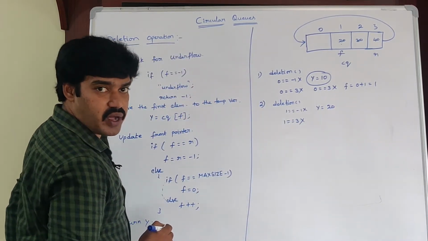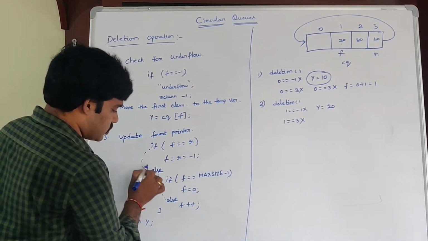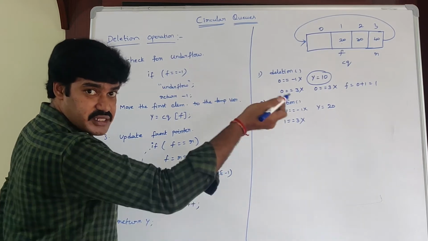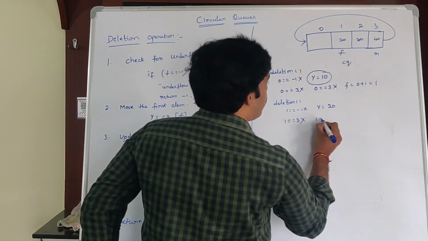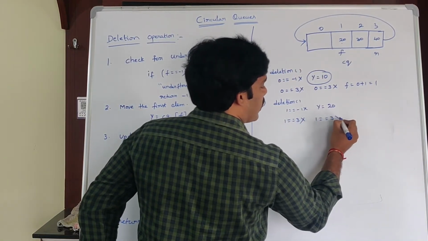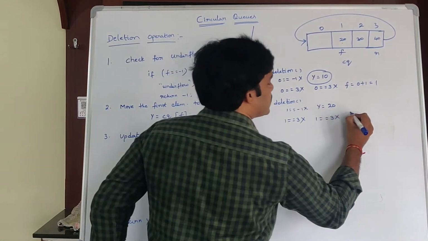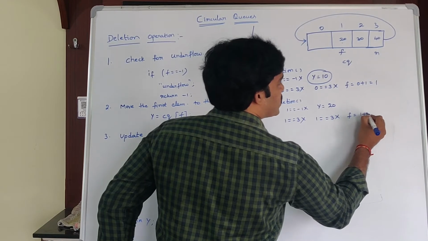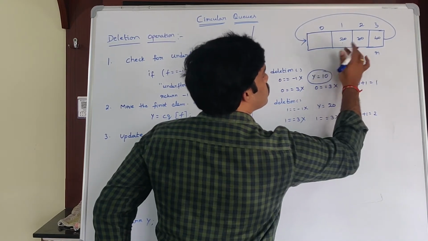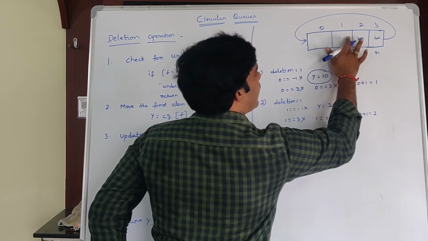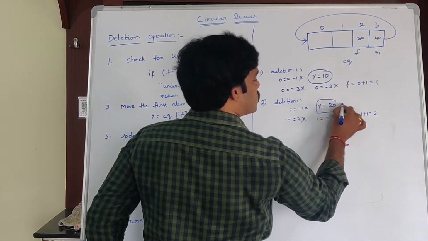No, condition is false. Next, coming to the else block. In else block, is F reaches max size -1? Is 1 double equals to 3? No, condition is false. So coming to the else block, F plus plus. F is equal to 1 plus 1, that is 2. That means finally return an element y. The deleted element is 20.